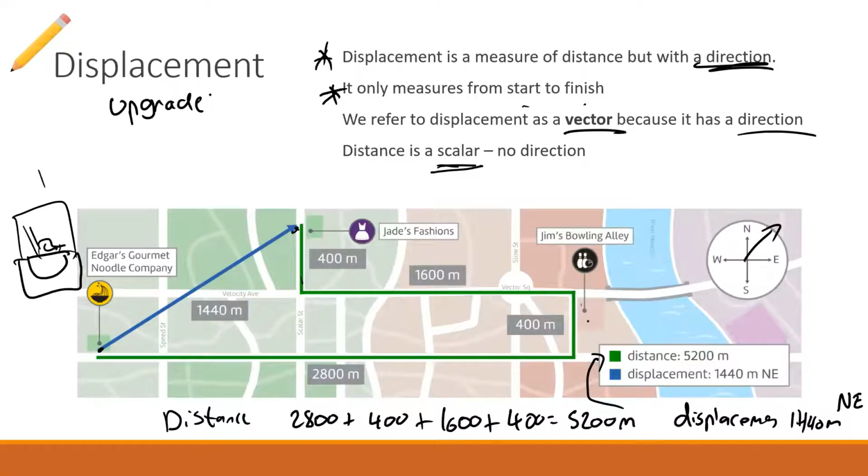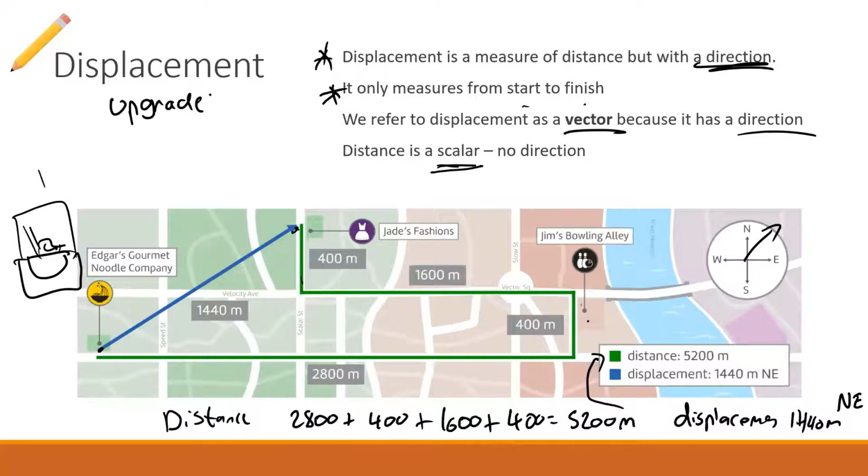It's like, oh, great, I know that I've traveled 5 kilometers. Displacement's the next level up. Not only do you know how far you've traveled, you know which way you've traveled. And also it's better because it doesn't deal with all these ugly turns and corners. It only deals with straight from A to B. How far did you go?